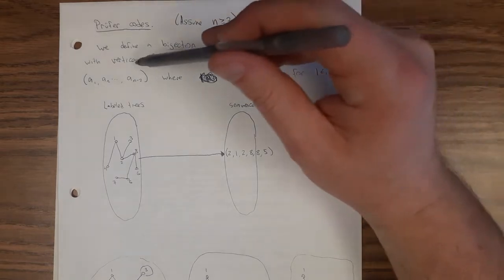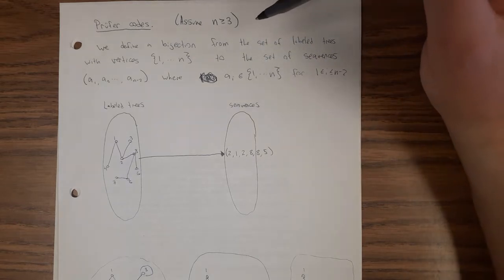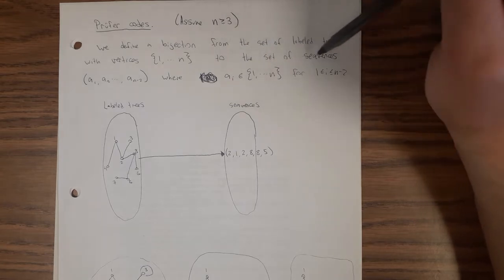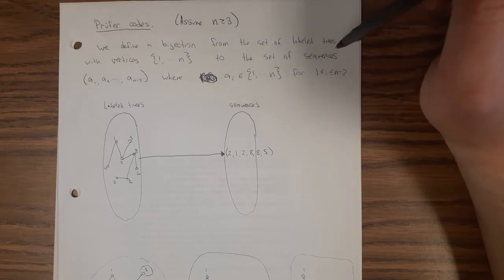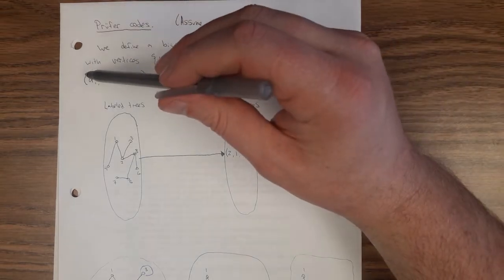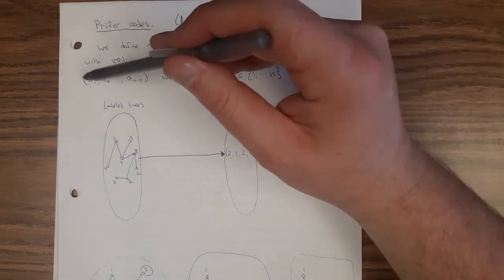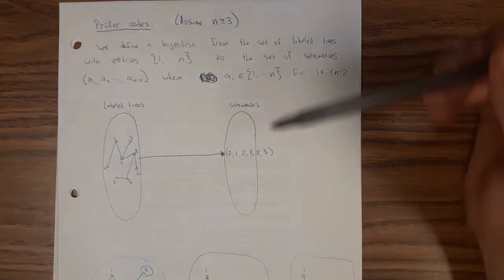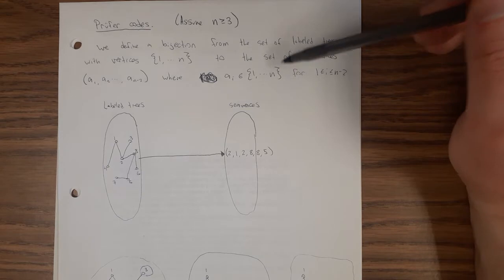So that's the domain of the function, and the codomain is, or no, sorry, in this case, it's the same, but I'll call it the range. The range of this function is the set of sequences of length n minus 2. So it's a sequence of numbers. The length is n minus 2, and each term of the sequence is a number from 1 to n.